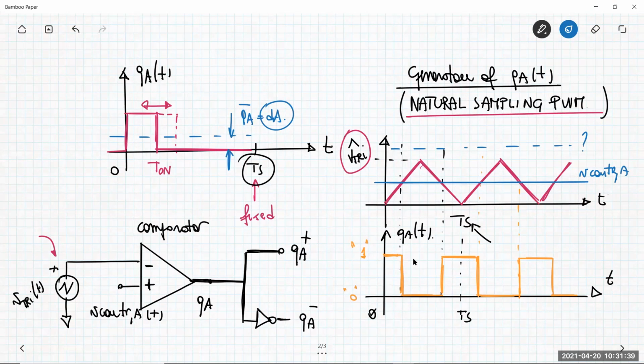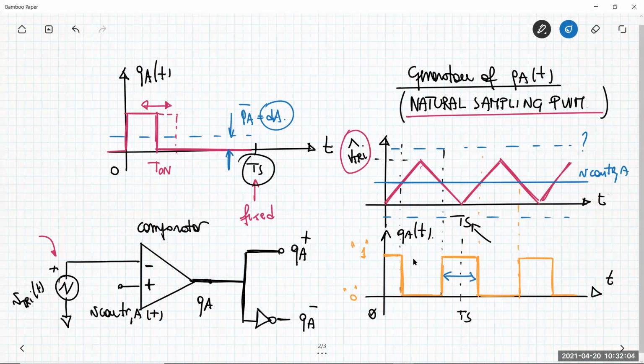In that case, I lose all the possibility to modulate the duty cycle, so to change this width, in order to modulate the output quantities, like, for example, the average value of the voltage VAN, etc. The same happens when the control voltage is less than 0.